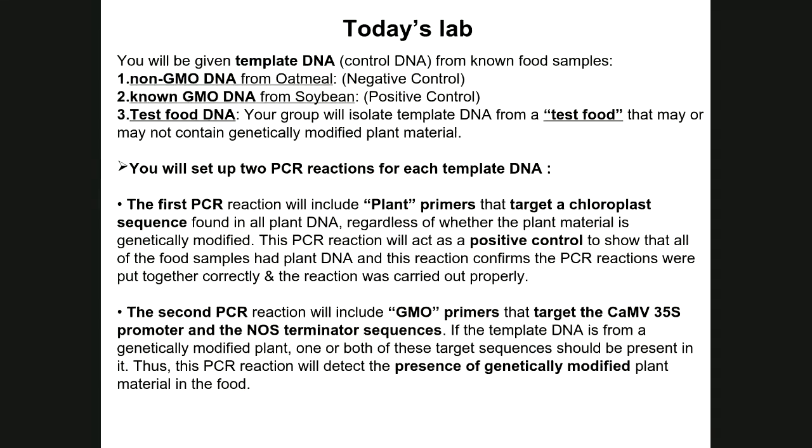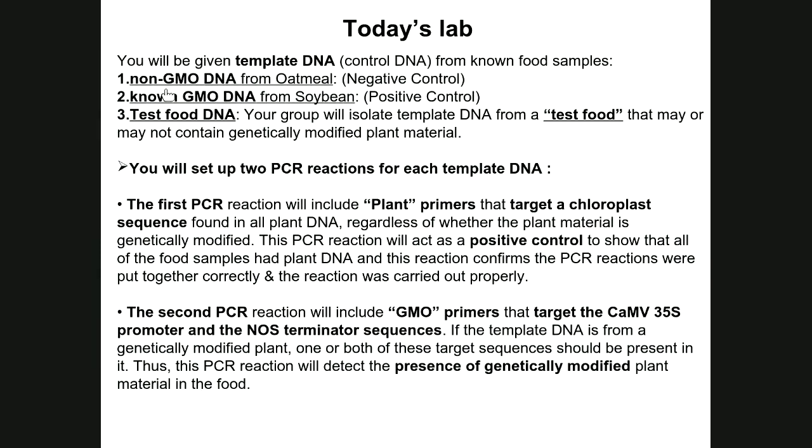I'll let you read that about troubles. Now this part has to do with your lab also, everybody, and you'll see this at the beginning of the lab procedures. Okay, and you'll want to write this in. The beginning of the lab procedure, there's space there where it talks about template DNA. There's a total of 3 template DNAs, but 2 of them serve as controls. One is a negative control, one is a positive control.